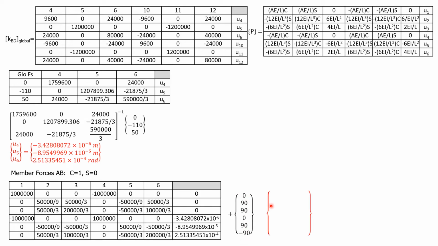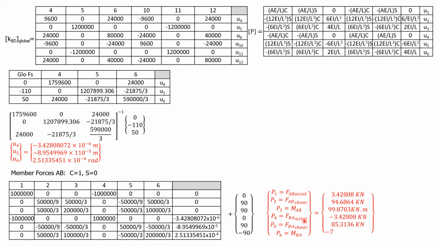Remember the fixed end forces for member AB. Then we get the member forces. So P1 is axial force on member AB, P2 is shear force, P3 is moment, then P4 is axial B to A, P5 shear B to A, then P6 moment B to A. And these are the results.